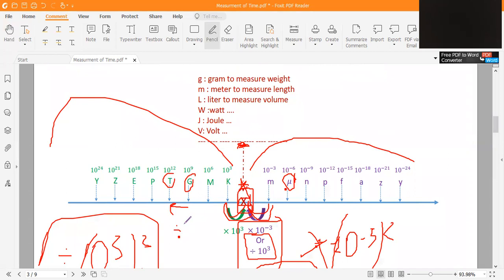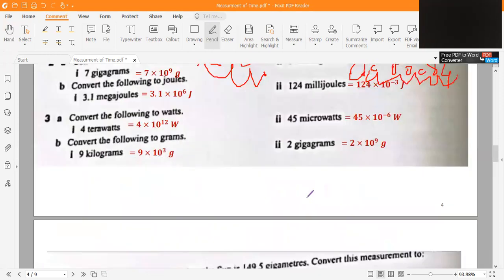Okay, one step, so it is equivalent to 10 power 3. So we divide by 10 power 3, or we multiply by 10 exponent minus 3. Okay, so it is very easy.